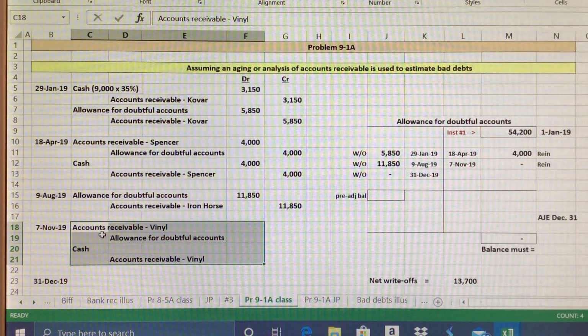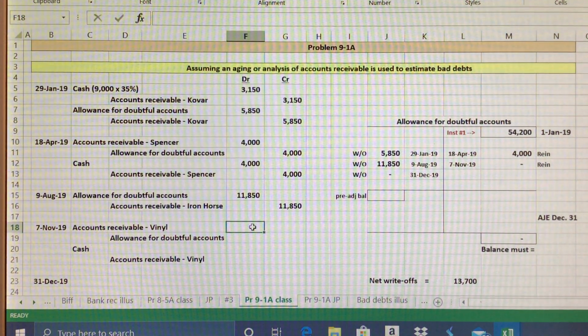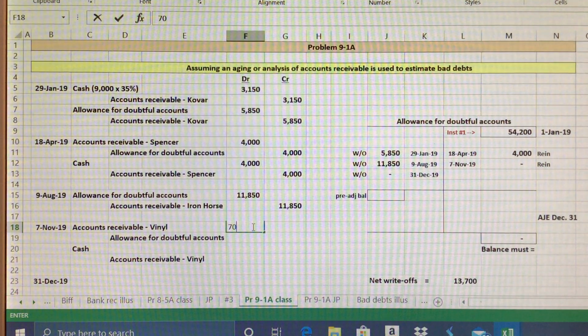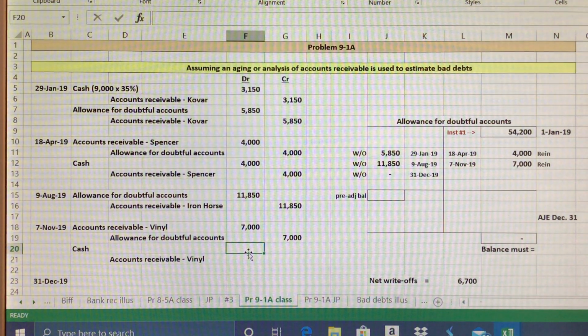Okay. All right, there's the receivable being brought back to life. For how many dollars? $7,000. Got to put the comma in here. I won't be able to sleep tonight. Here we go. All right. And then collect the money.